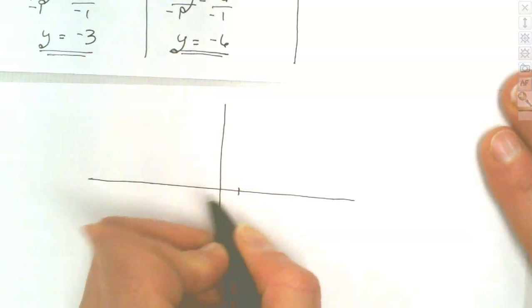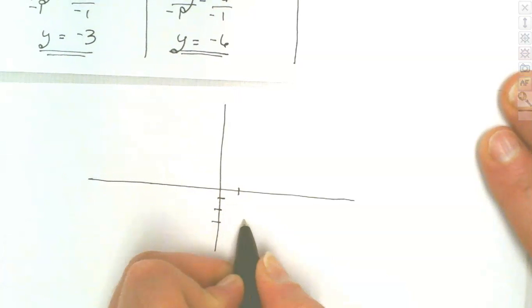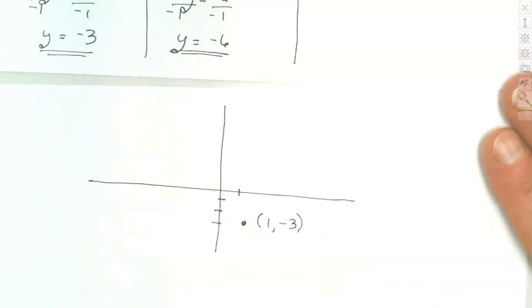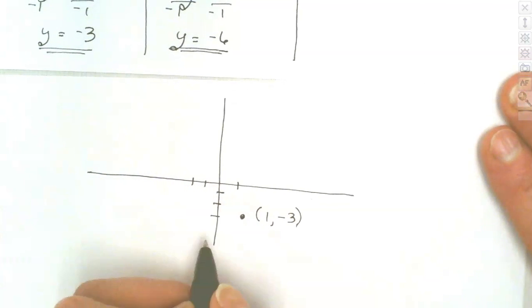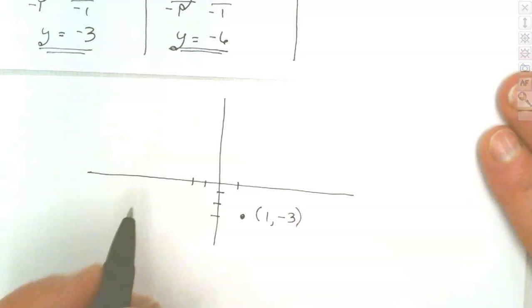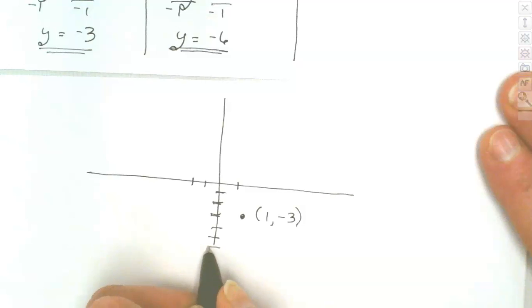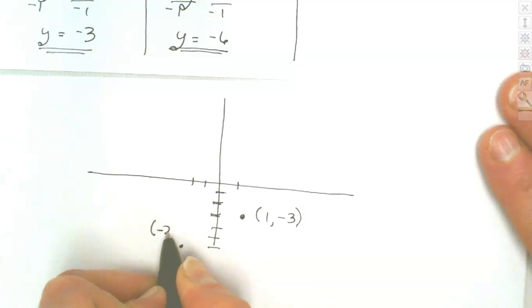Well, that's over 1. And then down 1, 2, 3. So 1, negative 3 is here. Then we've got negative 2, negative 6. So 1, 2, 3, 4, 5, 6. And that looks like that's going to be right about there.